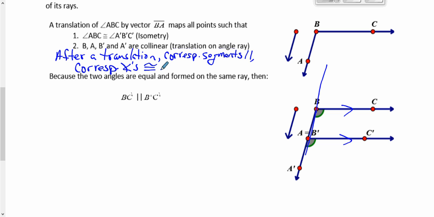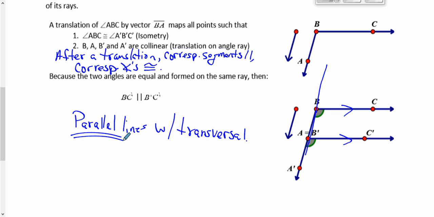Okay? So we translate from here to here. These segments are parallel. Well, they're not even really segments, right? The lines are arrays. But they're parallel, and these angles that correspond are congruent, right? We just move the angle as well. Okay? So now we end up with parallel lines, right? With a transversal. Okay? If we think of it as a translation.